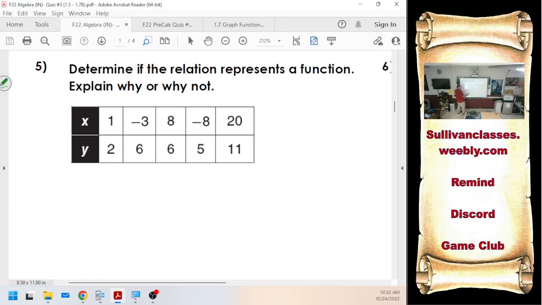If you're not sure, write it out. Do -8, -3, 1, 8, 20 real quick, and then say 2, 5, 6, 11, and cross your wires. If you need this, use it. -8 goes to 5, -3 goes to 6, 1 goes to 2, 8 goes to 6, and 20 goes to 11. At any point did I ever do this domain goes to multiple ranges?